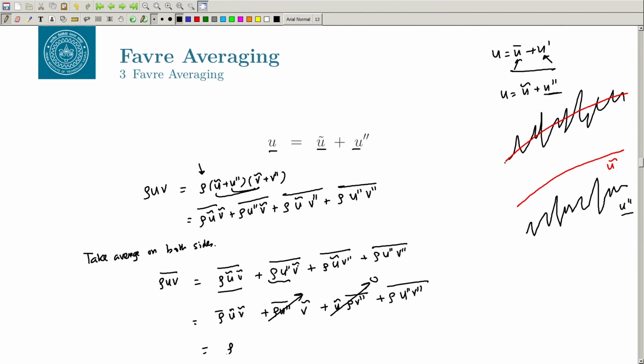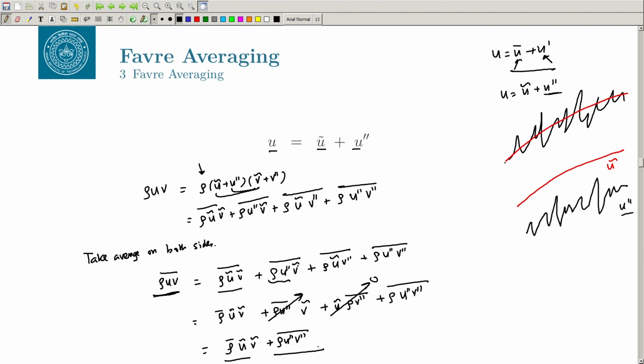So, what you have is basically rho bar u tilde v tilde plus rho u double prime v double prime bar, right. So, now you see that we are back to business, because we could reduce the nonlinear term that appears in the momentum equation into just two terms, rho bar u tilde v tilde and rho u double prime v double prime bar, right. So, now it is very close to what we had in the incoming momentum equation.